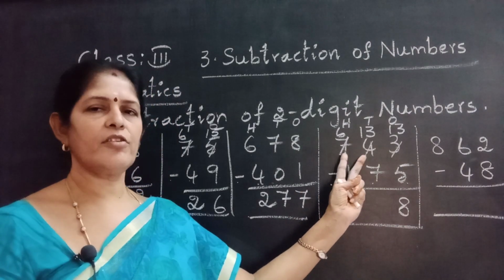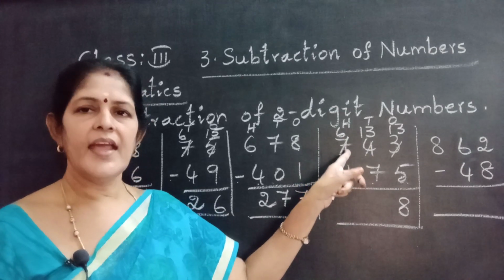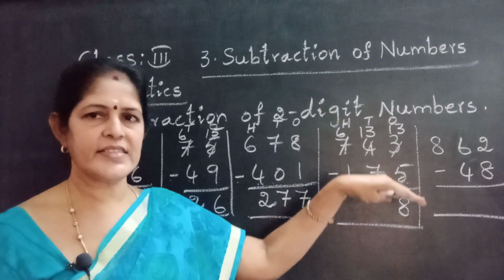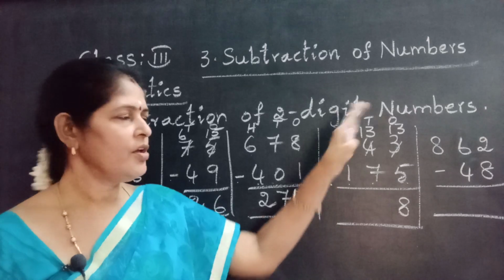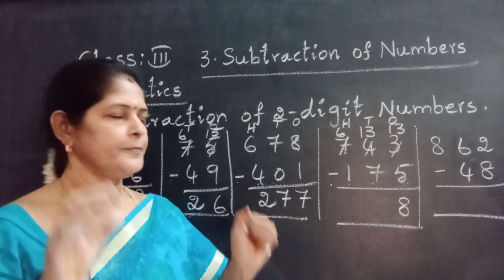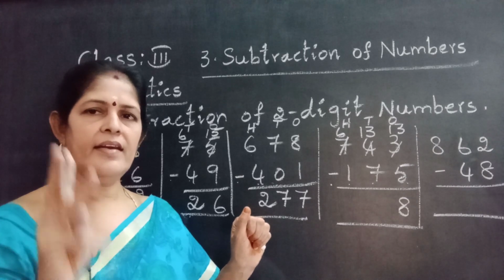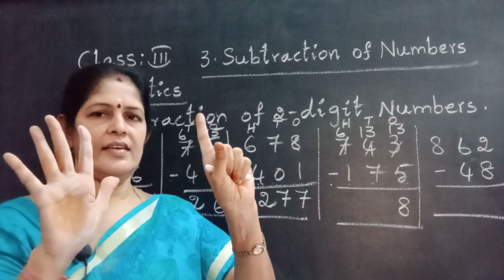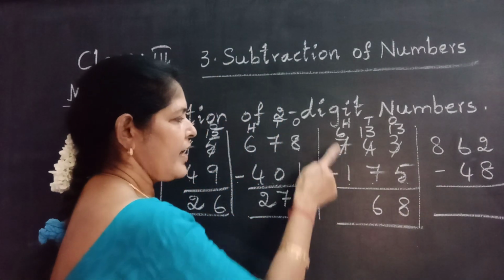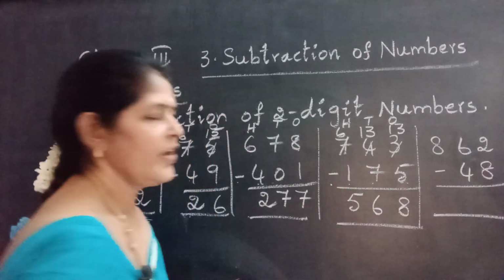Here also you have to change both places' numbers at a time. Here also using the concept of borrowing, one number moving from left side to right side. That means hundreds place to tens place. Now 13 minus 7 is possible. Do counting. Close fingers. 7, after it 8, 9, 10, 11, 12, 13. 6. Now hundreds. 6 minus 1. Number minus 1 is the number before it. 6, before it 5. We get the difference.